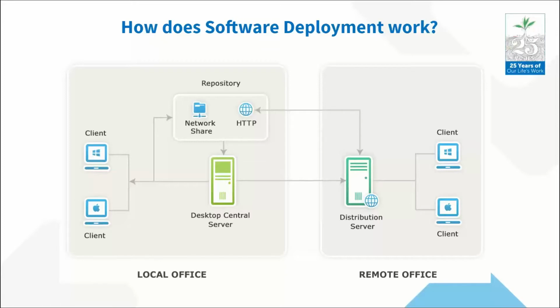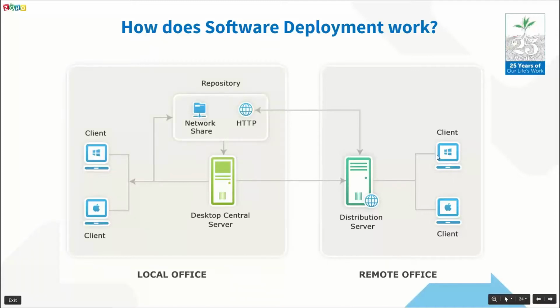For your local area network, the application packages are stored in your network share repository. To deploy applications to your wide area network or any devices which are on the go, you'll store the package in your HTTP repository, and this can be accessed by any of your agents.